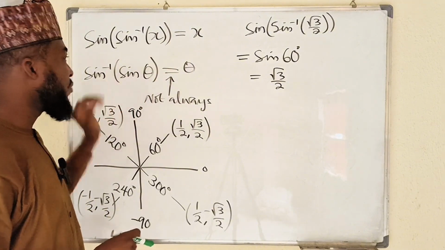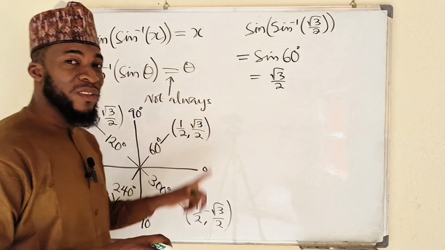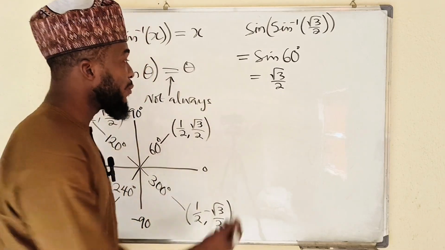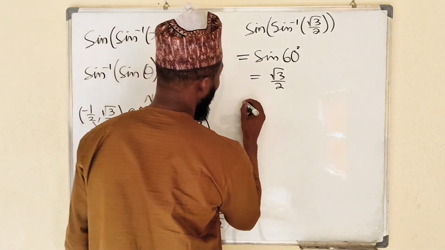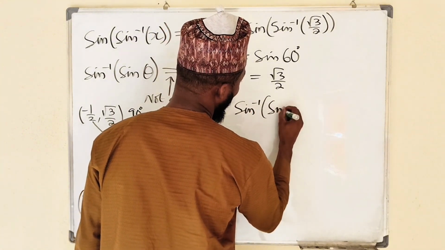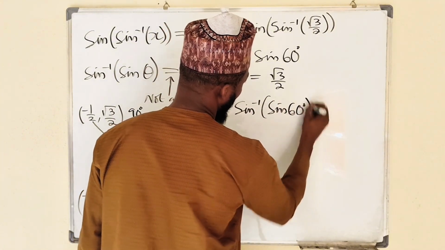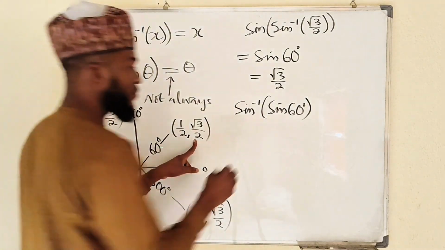But let's come back to this one. Let's start with something very simple, because this is why I say not always. Sometimes it can be equal. So let's use an angle of 60 degrees here. So we have sine inverse of sine of 60 degrees. What is sine of 60 degrees? It is root 3 divided by 2.